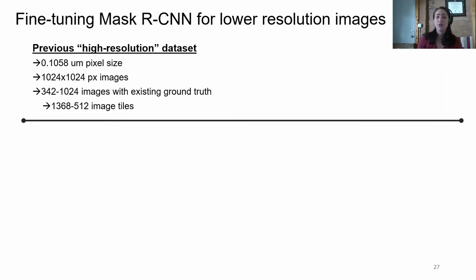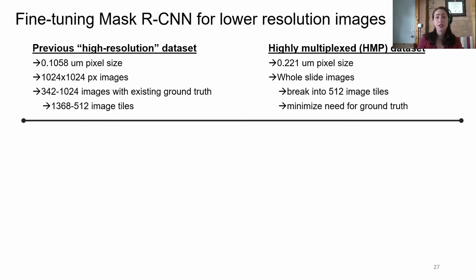We end up with about 1,400 image tiles from this data set, and we can leverage the ground truth there to pre-train algorithms. Now if we look at our highly multiplexed data set, we have a larger pixel size, so we're going to have to learn the difference between these 2 pixel sizes, going to lower resolution images. And as I mentioned, we have whole slide images that we've broken up into 512 tiles, and we want to minimize the need for ground truth.